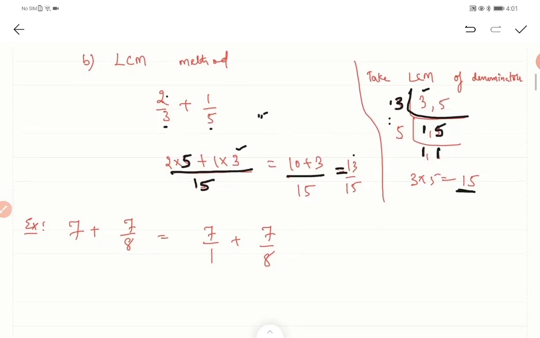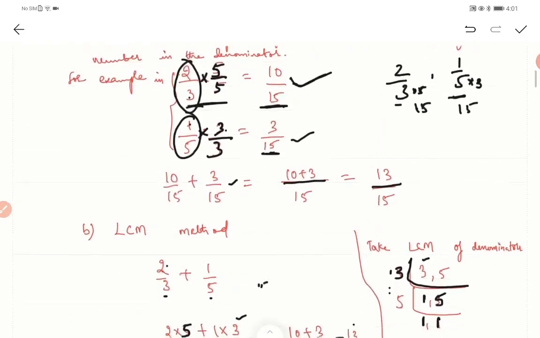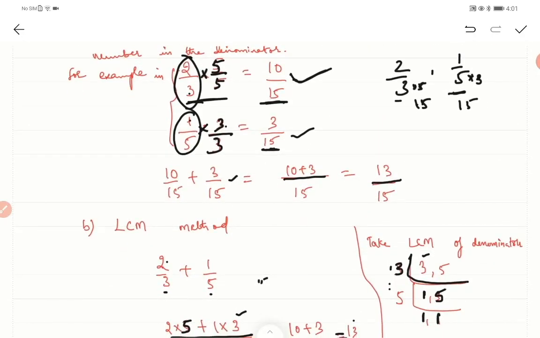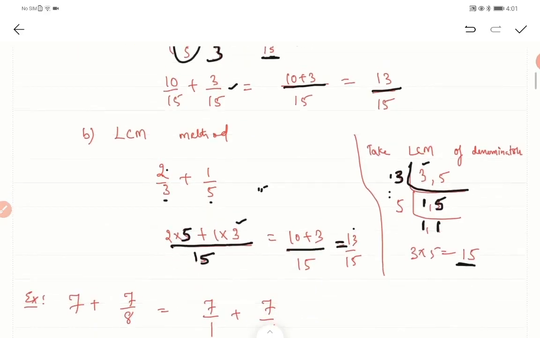Now let me take one example and I will do it using both the methods. It's almost the same, but the first one is done by finding the multiples. In the LCM method, you first find the LCM of the denominators, and then how many times that denominator goes into each separate one, you multiply it in the numerator.